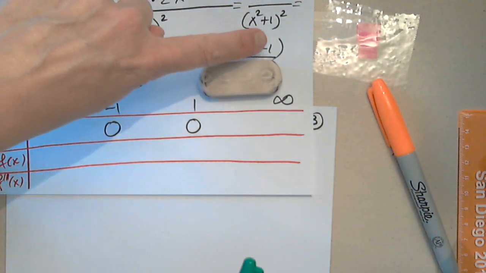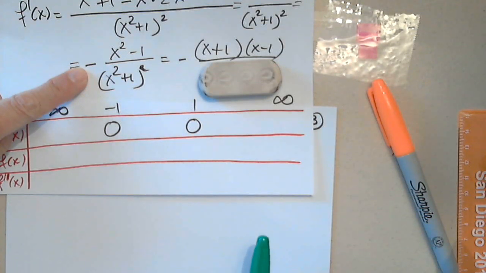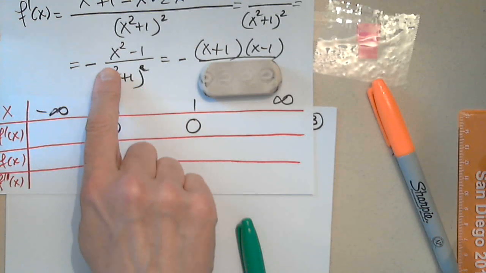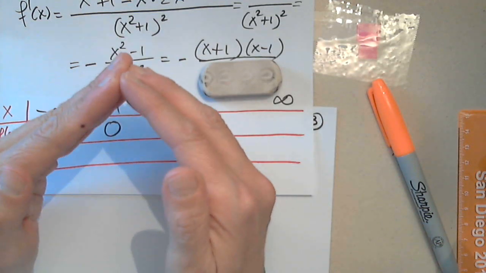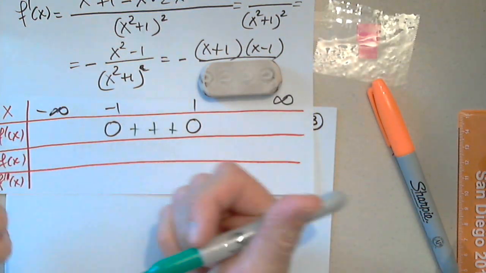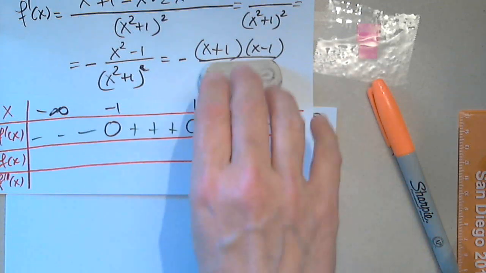So I know that this is a quadratic function with a negative leading coefficient, so it has to have a maximum, and it crosses at negative 1 and 1. In between, it must be positive. Outside must be negative.